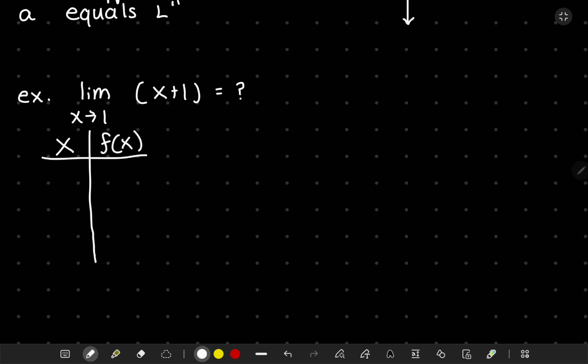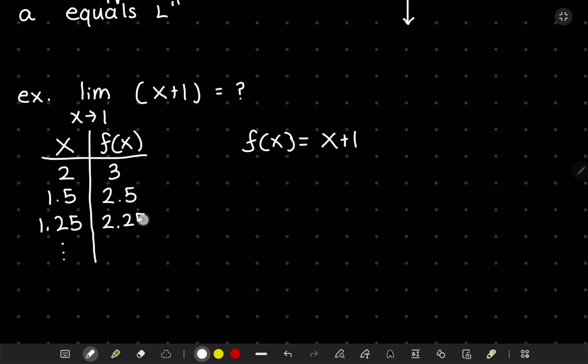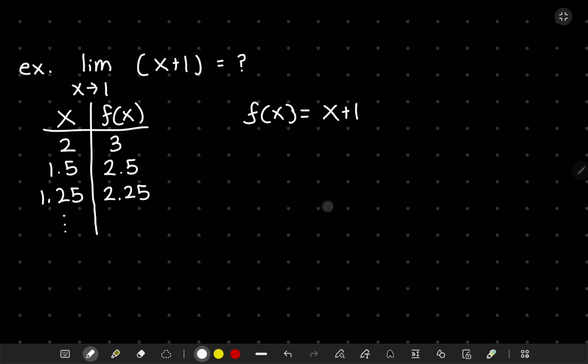I'm going to put maybe 2, then 1.5, then maybe 1.25, and I'll keep on going. In this case, our function is x plus 1. So if I plug it in, this becomes 3. This becomes 2.5, because 1.5 plus 1 is 2.5. This is 2.25. Okay, so we're noticing it's dipping down again.